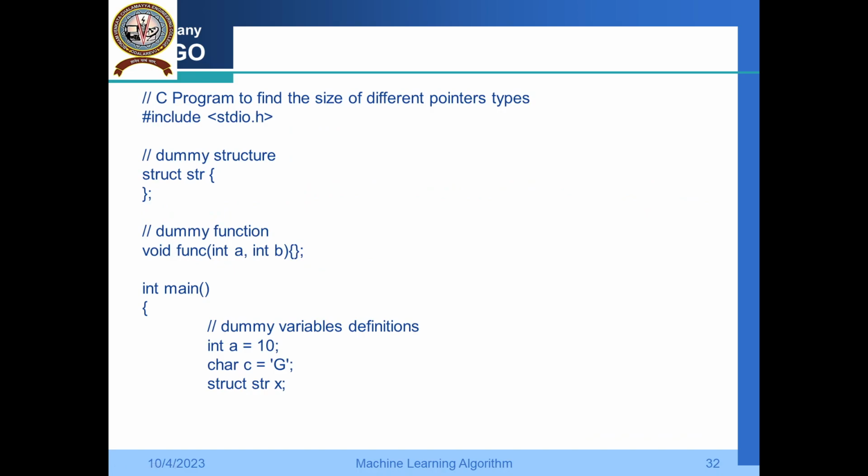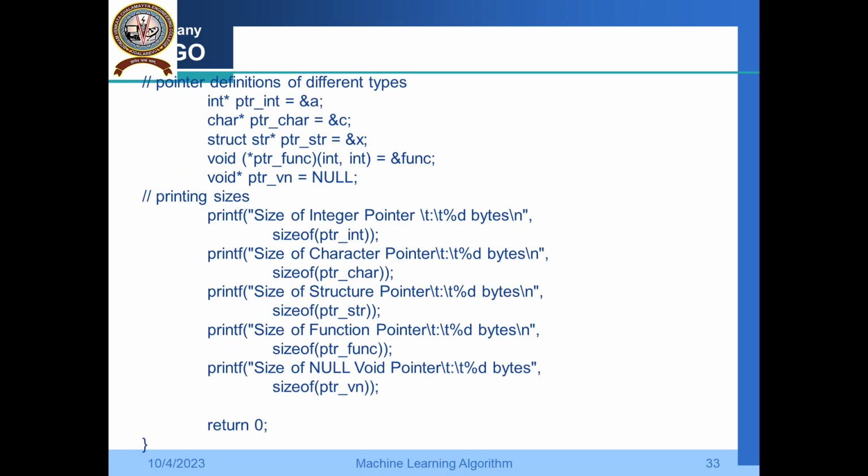Now, how do we find the size of different pointer types? Here you declare a dummy structure str and a dummy function, void function with an int parameter. Then in main, we go for the variable definitions: int a = 10, char c = 'g', and struct str x.